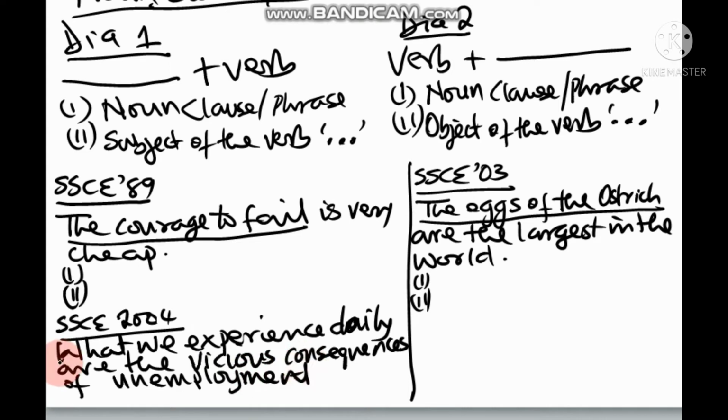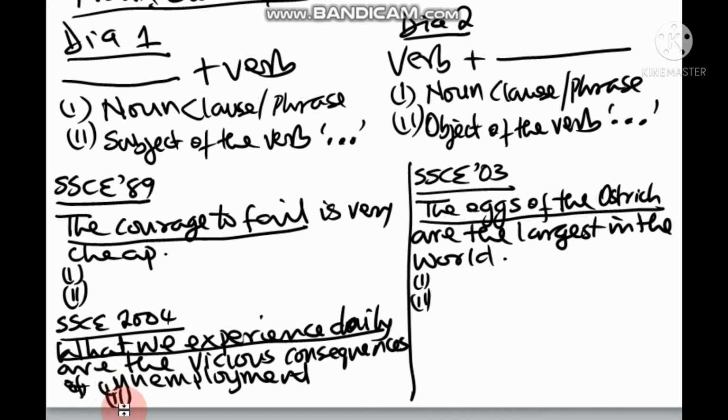They underlined what we experience daily, and they asked us what is the grammatical name and what is the grammatical function?